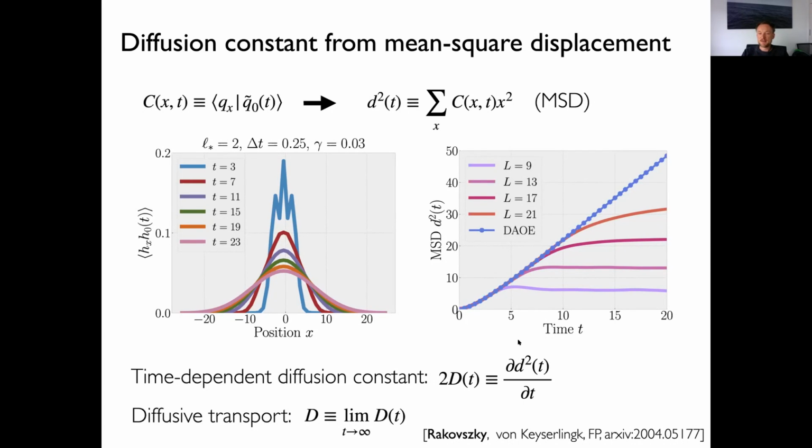And here we see nicely how the exact diagonalization data is asymptotically converging to exactly what the DAOE method gives. And with the DAOE method, we can reach large system sizes. So the system sizes are no longer a real issue.